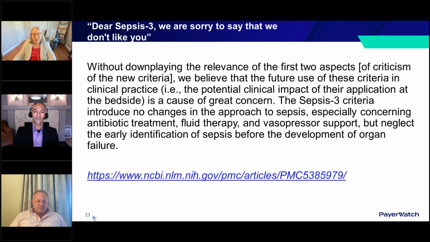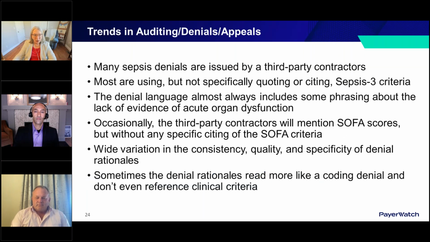And I think it summarizes some of the issues we've been talking about between Sepsis-2 and Sepsis-3: that the Sepsis-3 criteria introduces no changes to the approach to sepsis, which Dr. Hasabala talked to us about, antibiotic treatment, fluid therapy, vasopressors. But what Sepsis-3 does do is neglect the early identification of sepsis before the development of organ failure. And Dr. Hasabala, you covered that very well in your discussion.